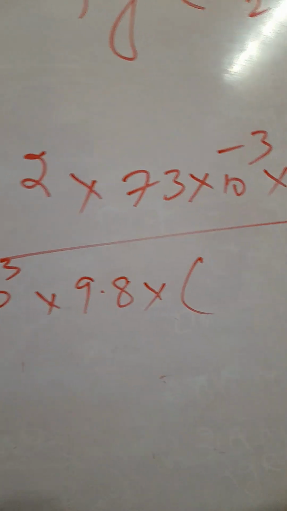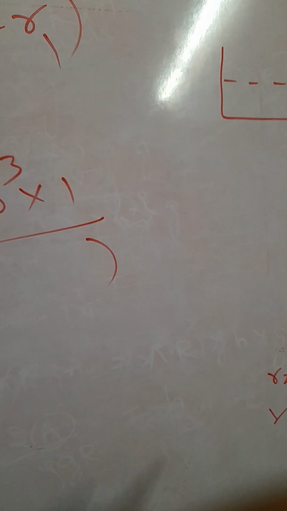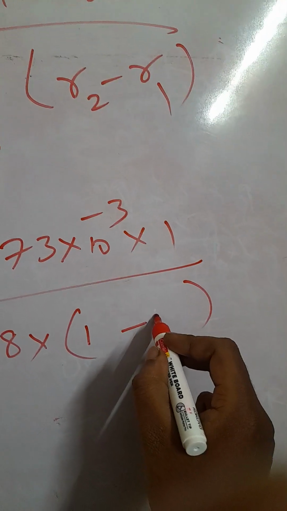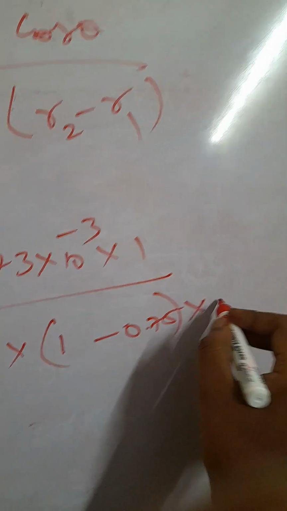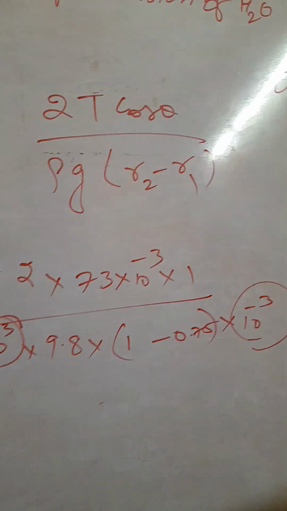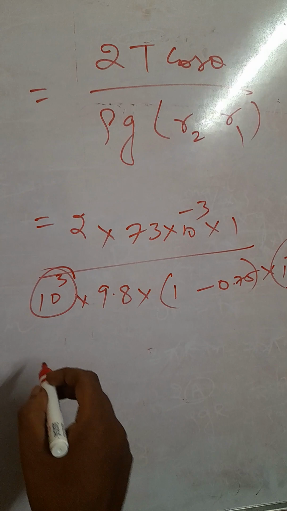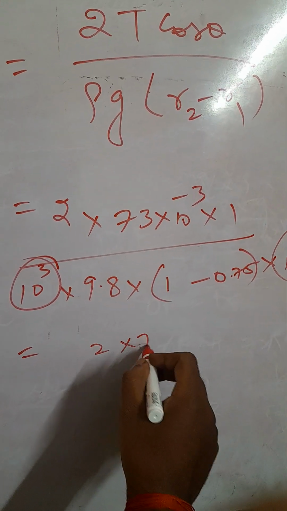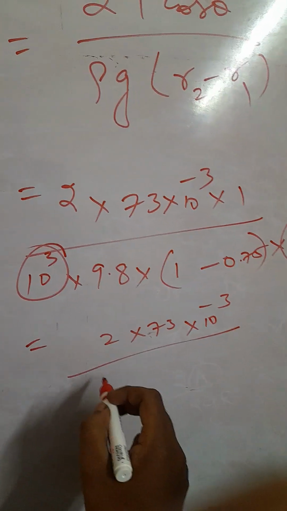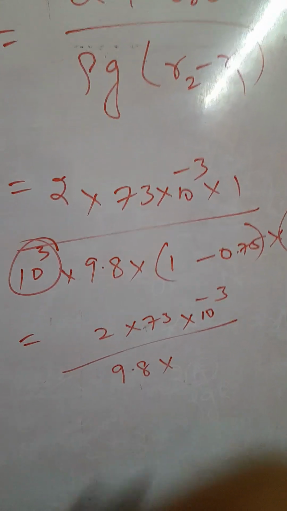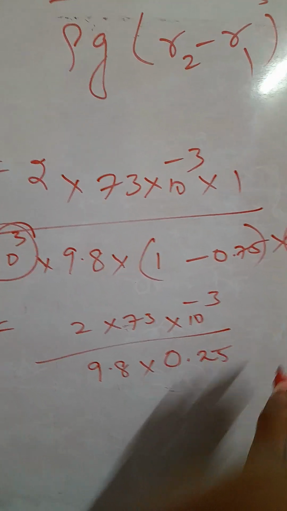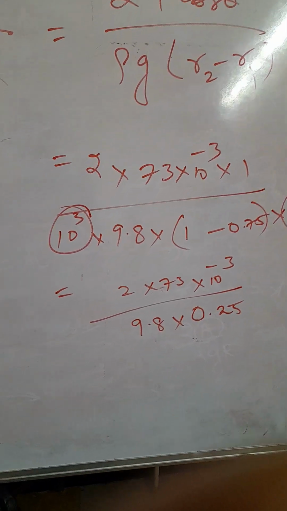Okay, so we can substitute the values here. The R2 value is 1, and the value of R1 is 0.75, into 10 power minus 3. I will take it outside. So this 10 power 3 and 10 power minus 3 will yield the value 1. We'll be left with 2 into 73 into 10 power minus 3, divided by 9.8 into (1 minus 0.75), which should give us 0.25.